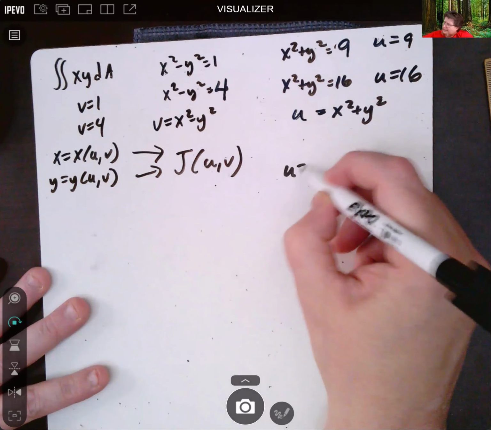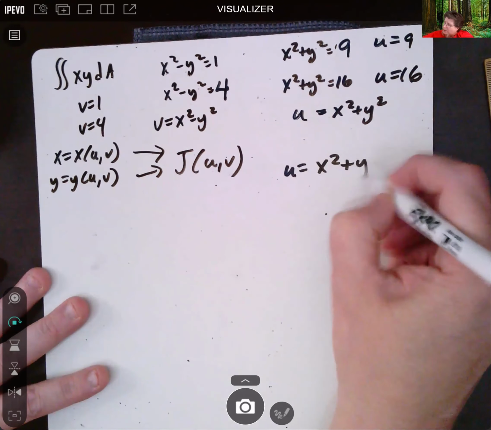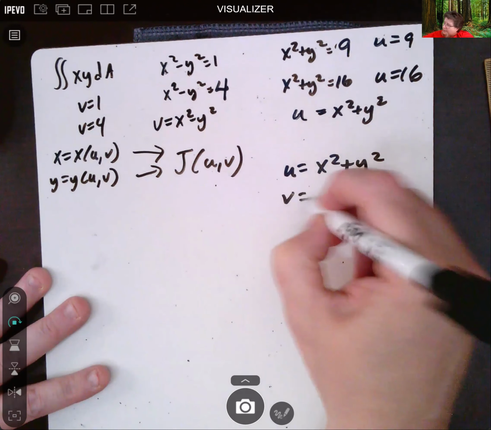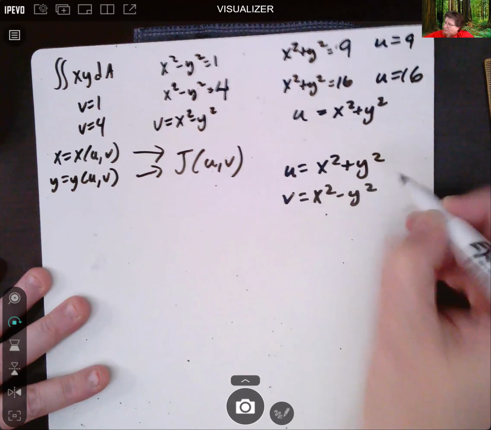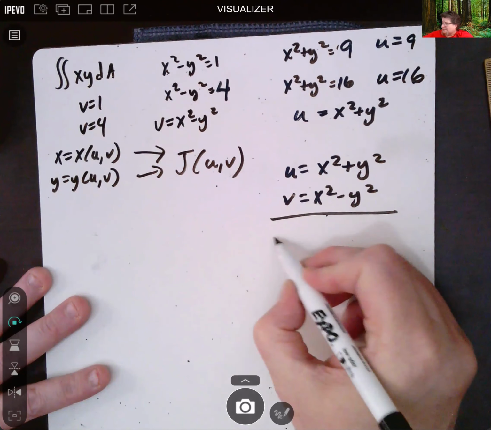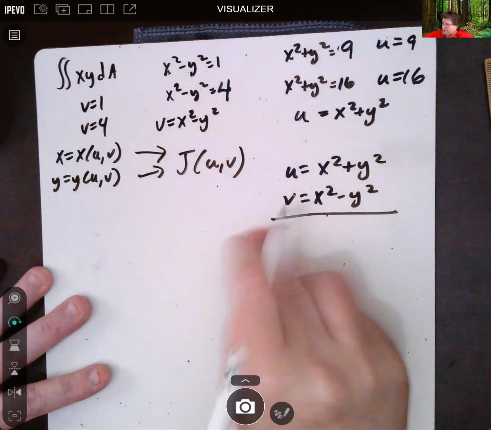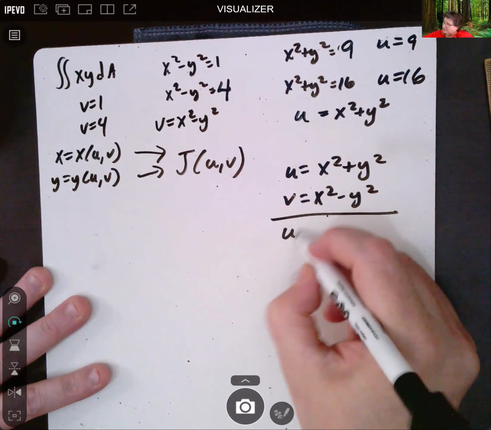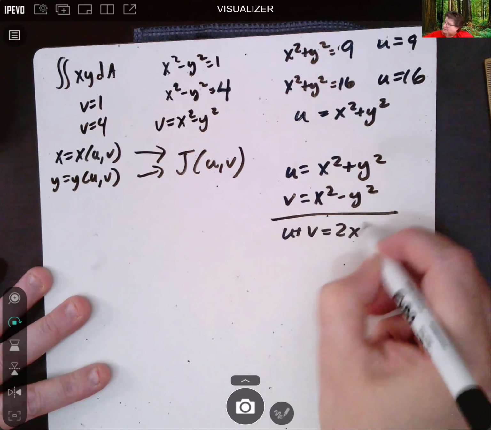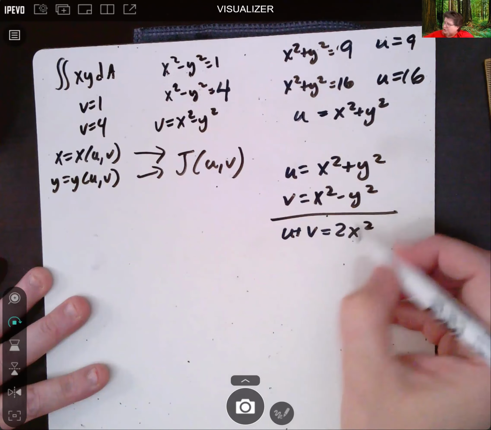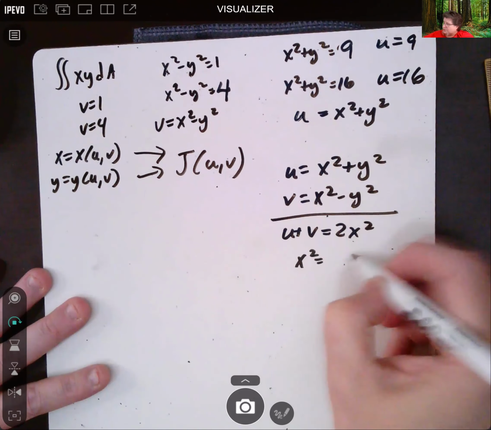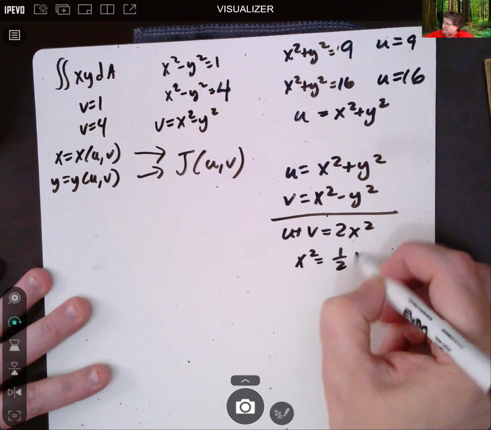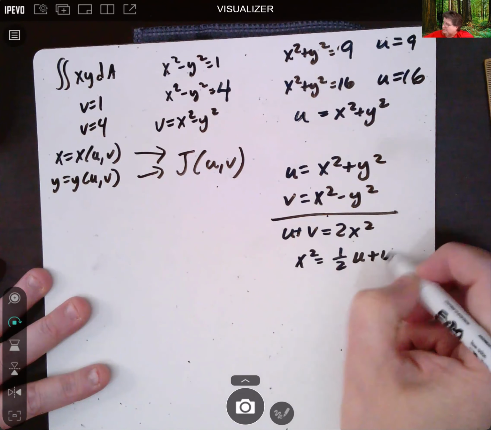So I like that I see a plus y squared and a minus y squared, because if I add them together, I get rid of the y squareds. So I've got u plus v equals 2x squared. And if I divide by 2, I've got x squared equals 1/2 (u plus v).